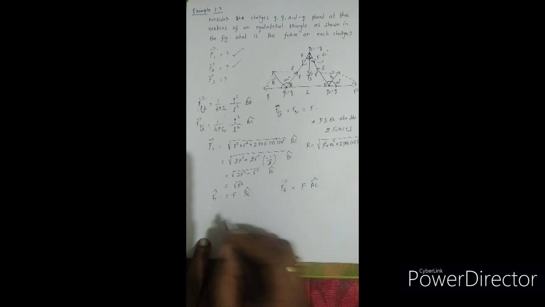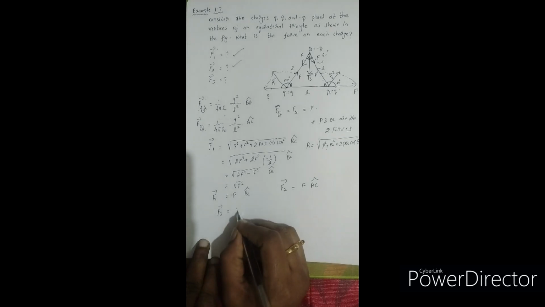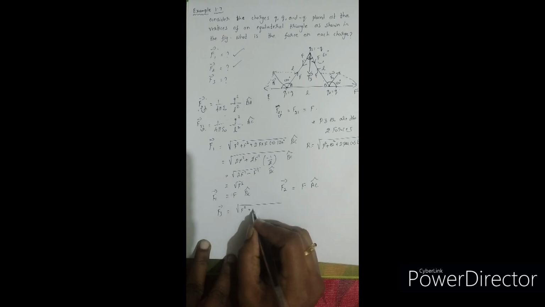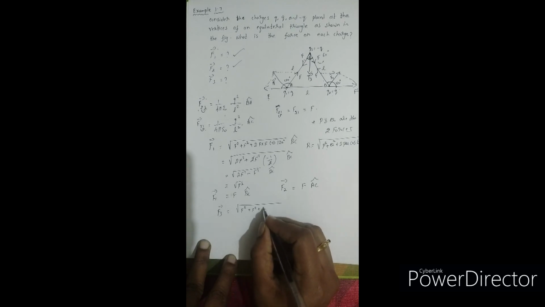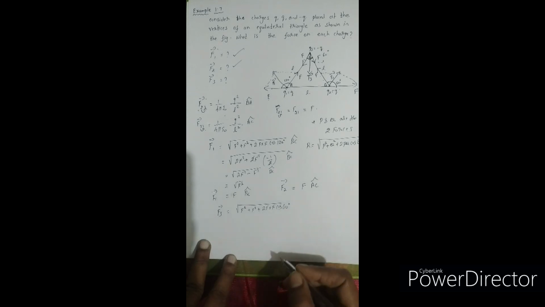So F3 vector is equal to root of F square plus F square plus 2F into F cos of 60 degrees.